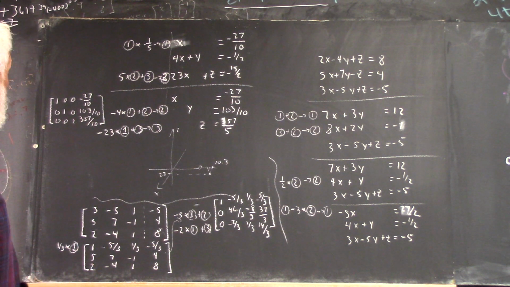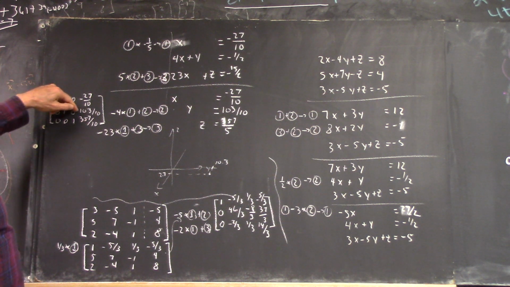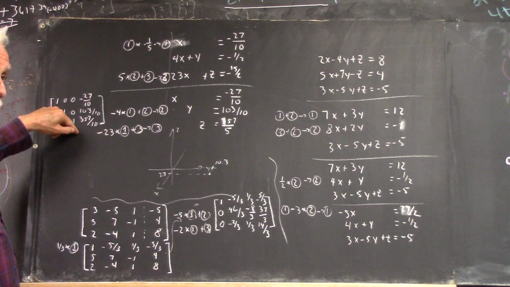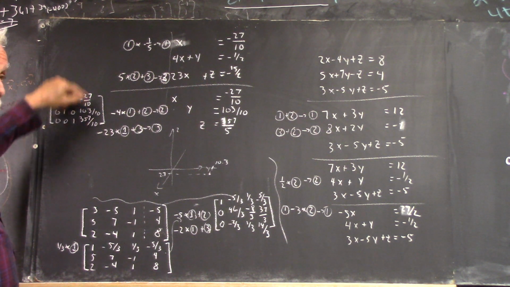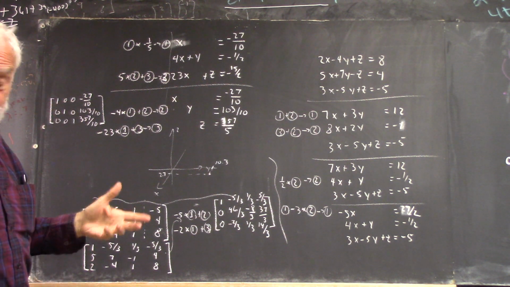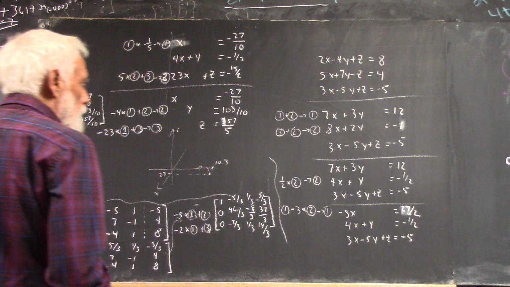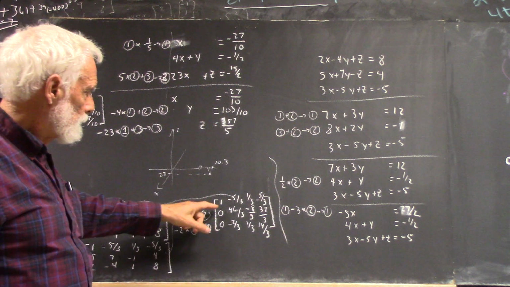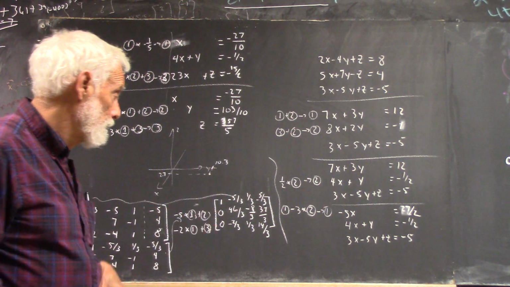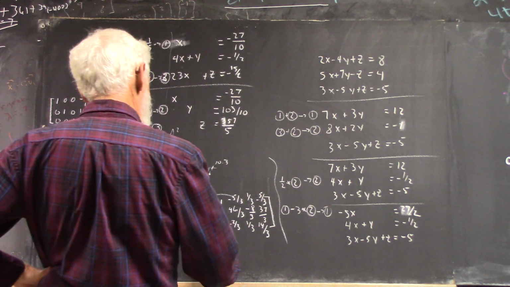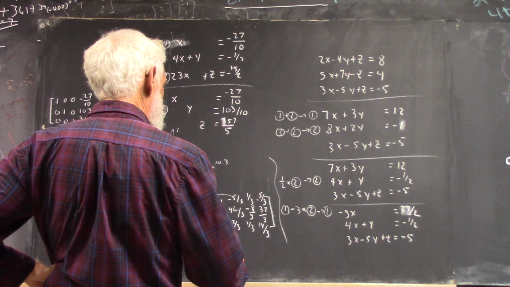Okay? If we've got a 1, 0, 0, 0, 1, 0, 0, 0, 1 here, we're going to have our solutions here. Our x, y, and z values will be right here. Okay? So you see how I'm making progress to that. Okay, I get zeros here. Then I can easily get the next step. Okay?